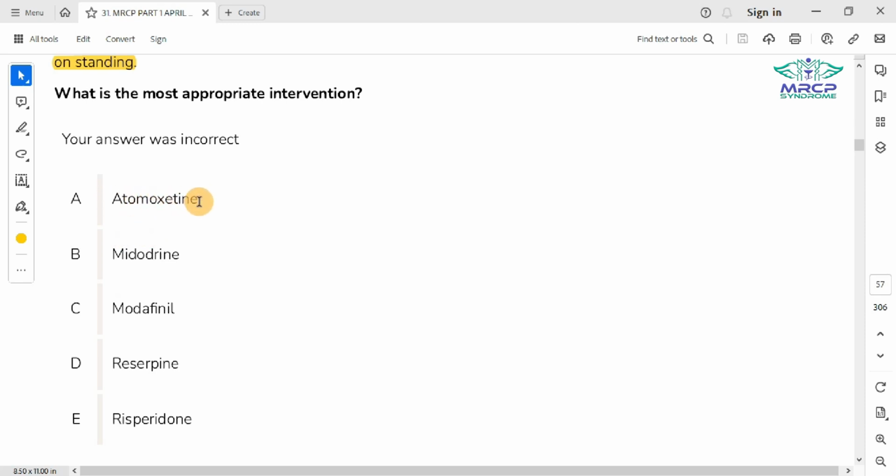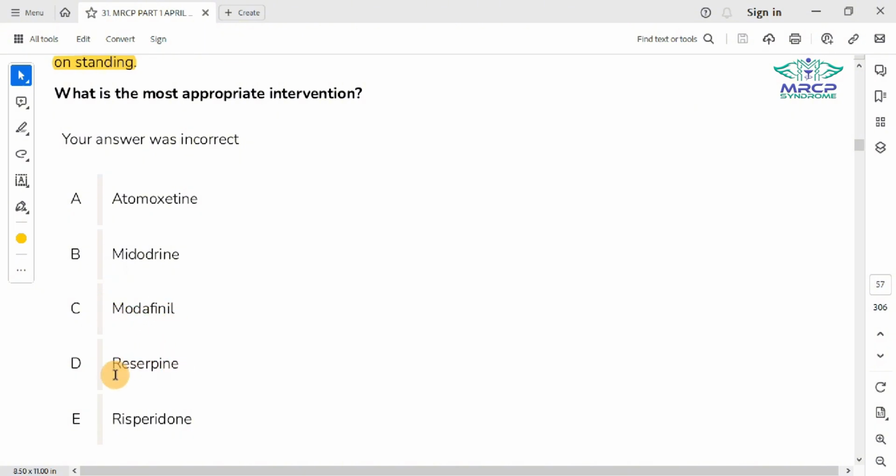So atomoxetine, what is the mode of action of atomoxetine? This is a noradrenaline reuptake transporter inhibitor. And what is the mode of action of modafinil? Atomoxetine is a noradrenaline reuptake inhibitor; modafinil is a dopamine reuptake inhibitor. Both of them are used in the management of attention deficit hyperactivity disorder.